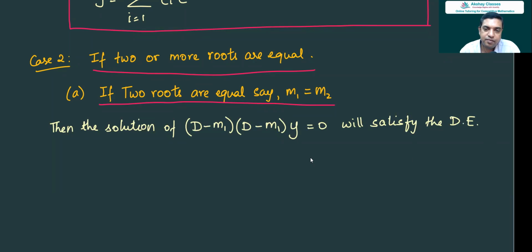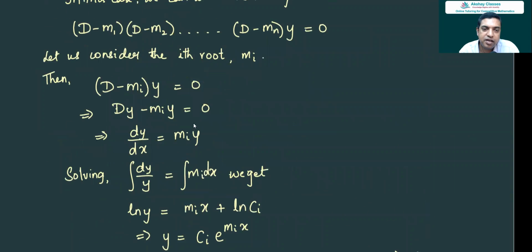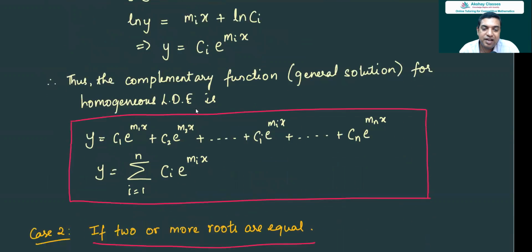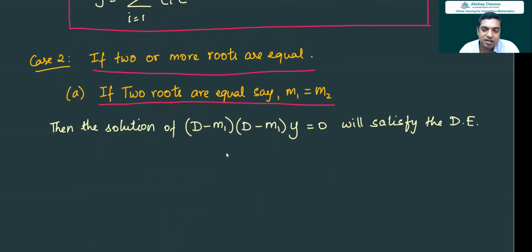See, understand our philosophy, how we are finding the solution. Each factor multiplied by y. Now the factors were different. Now the factors are identical. So how do we do it?